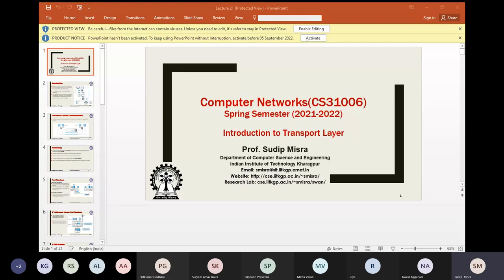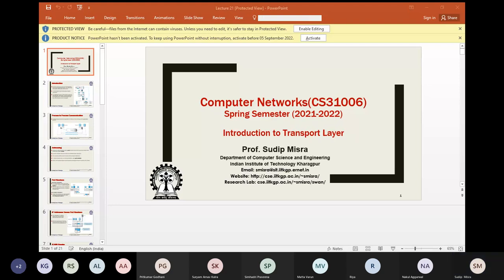But we are talking about a general scenario where some packet from IIT Kharagpur is sent to some destination, let us say in Delhi. So it passes through different networks. When we talk about different networks, in between will come the routers, right? So this is the generic scenario that is shown over here.